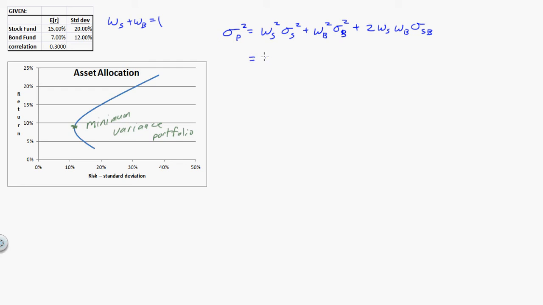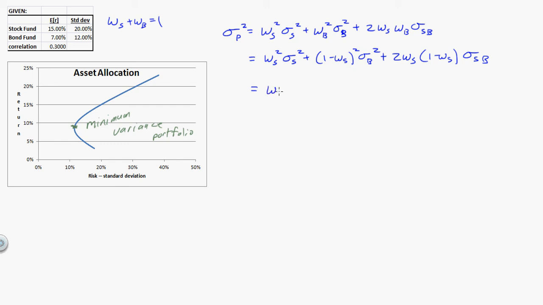So let's rewrite this just in terms of the weight in the stock fund. So instead of WB squared, I have (1 minus WS) squared times the variance of bonds, plus 2 times the weight of the stock, (1 minus the weight of the stock), times the covariance of the two. Let's expand this out.